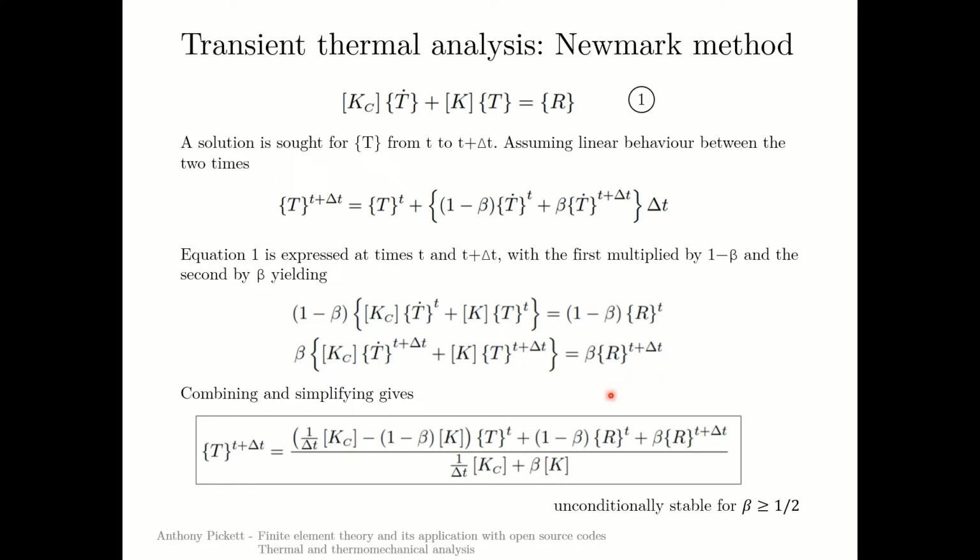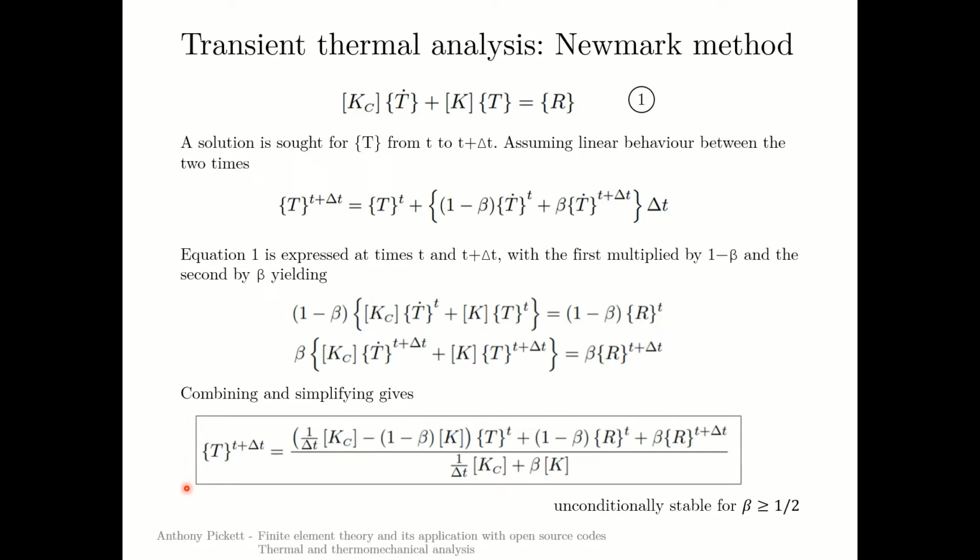And all that's being done here is a small trick where the first equation is multiplied by 1 minus beta and the second equation is multiplied by beta. It's just a mathematical trick to simplify things. But if you do that and then you add these two equations together and use the fact that this is equal to this minus this divided by delta t, if you simplify all of that, you end up with this expression.